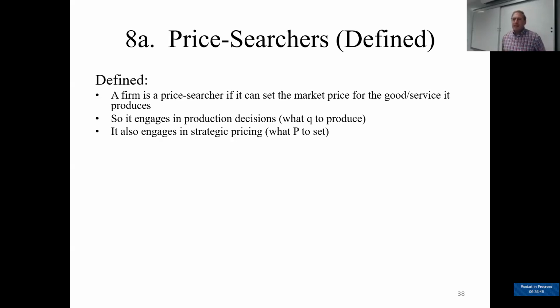I was asking my department chairman 10 years ago how much I should charge for a lecture, and he said to me simply, remember, you're a price searcher. Well, not to toot my own horn, there are a few economists out there, but the kind of product that I was delivering was specialized.